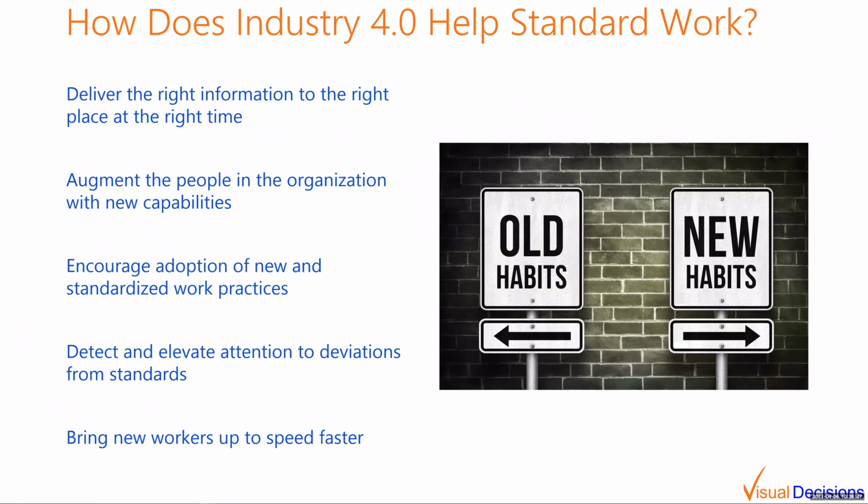You can utilize IIoT systems to capture standard work and then present that to people, not only for the individual work tasks at the operator machine level, but also for capturing what are the daily accountability checklists that you have for your supervisors, your process engineers, your management team, et cetera, so that they can go through that process, have that information prompted to them, and then walk them through that workflow.